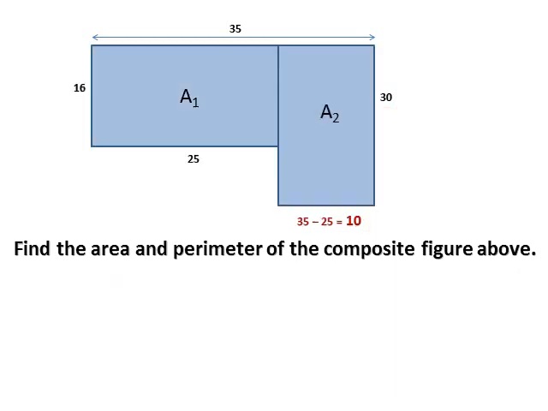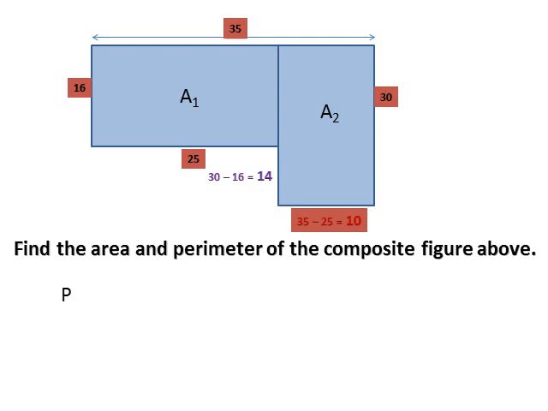Okay, let's do the perimeter of this figure. We want the perimeter. Perimeter is the sum of all sides. So these are my sides. For area 1, you have 25 plus 16 plus 35, which covers the topmost dimension, plus 30, plus 10, and also that space between area 1 and area 2, that small vertical length there.